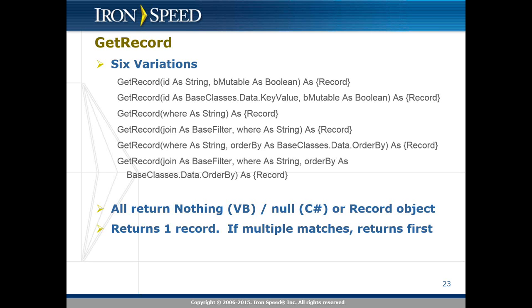Or if it finds it, it will then return a record object for that type. So if I'm using customers table .getRecord, and I pass in whatever the value is, whether it's a key value or a string, if you get record where customer ID equals 1 as an example, and it finds it, it's going to return an object of customers record.